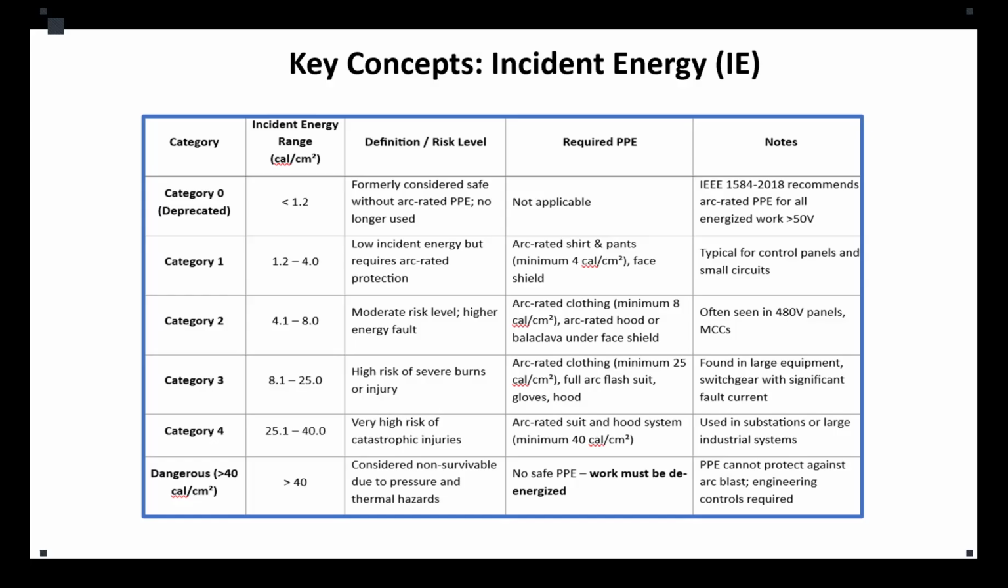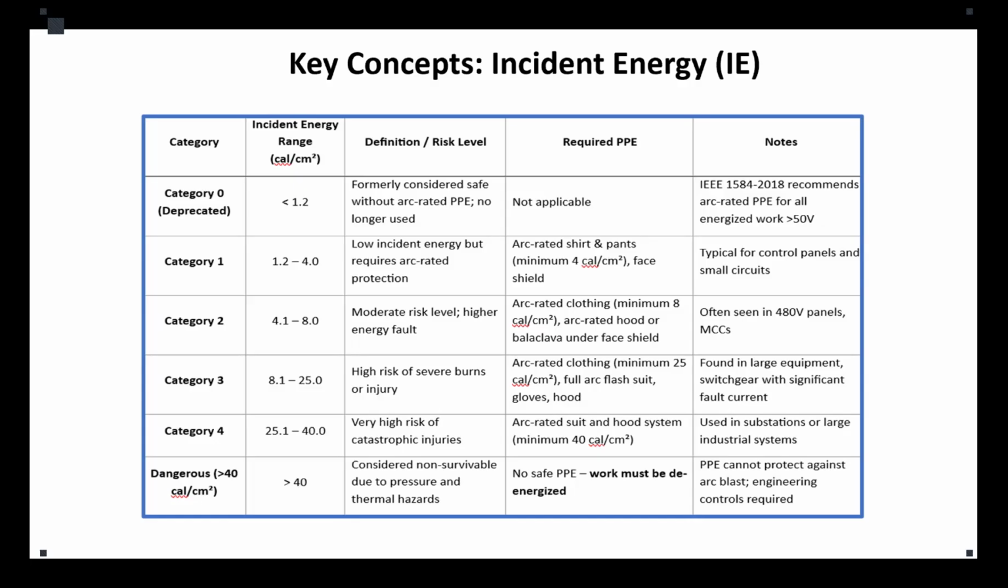It accounts for the arc current, the duration of the arc, the distance of the worker from the arc, and the configuration and geometry of the enclosure. All of these are important when calculating the incident energy.